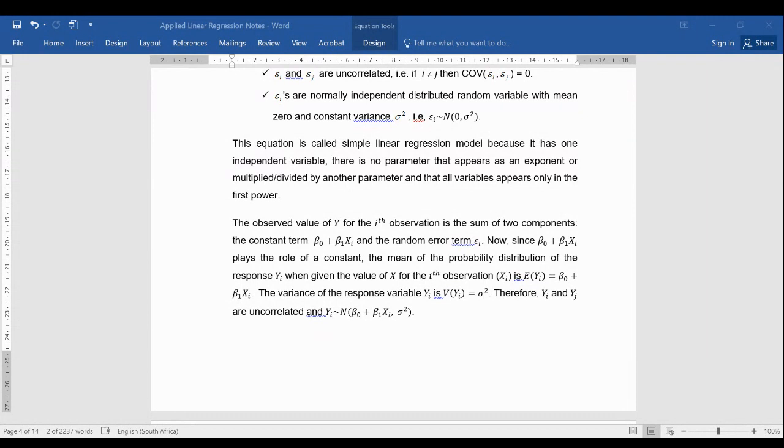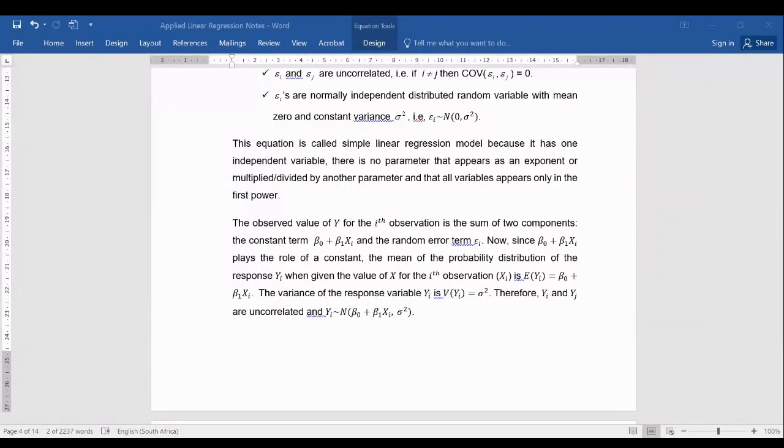So we can write this, because our yi is a sum of two components, as the expected value of the first component plus the expected value of the error term. And the expected value of a constant is a constant. So we'll have this constant plus the expected value of the error term. And we know that the mean of the errors is equal to 0. And this becomes 0.